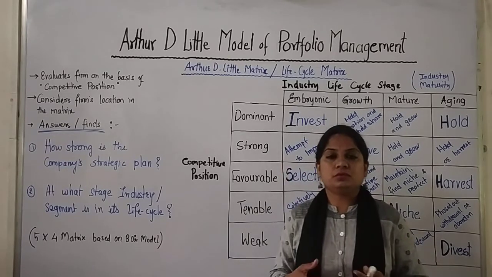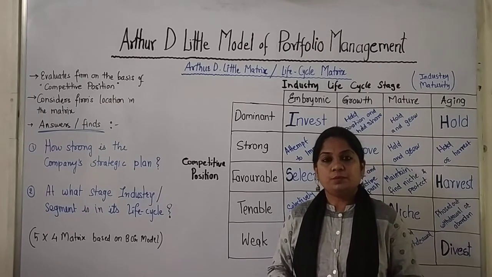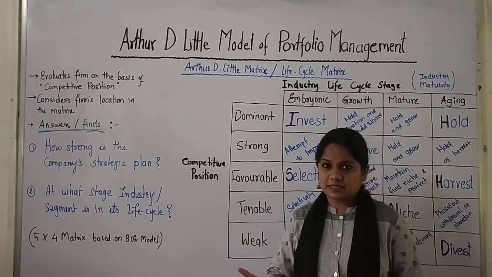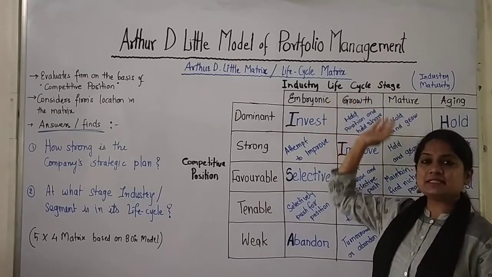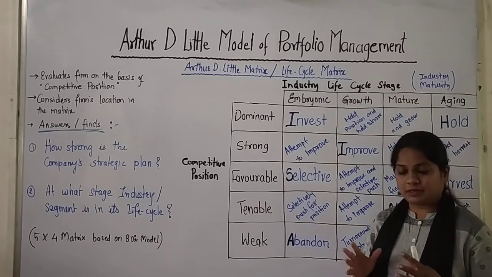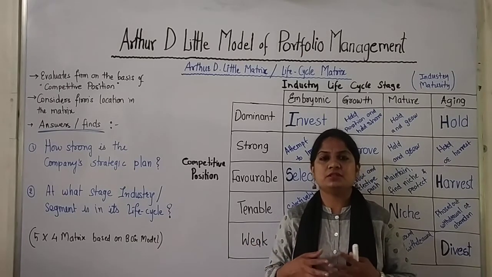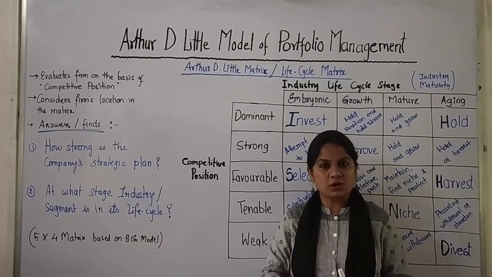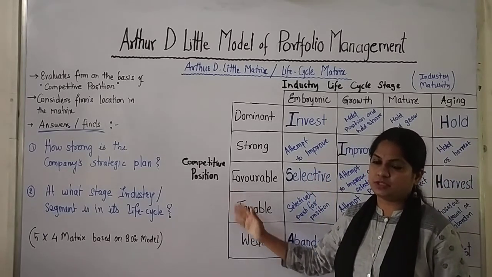Now, how to identify this position? This matrix considers 2 dimensions. First is the stage of the life cycle of that particular industry, SBU, organization, product, portfolio, whatever it is. And another dimension is competitive position.